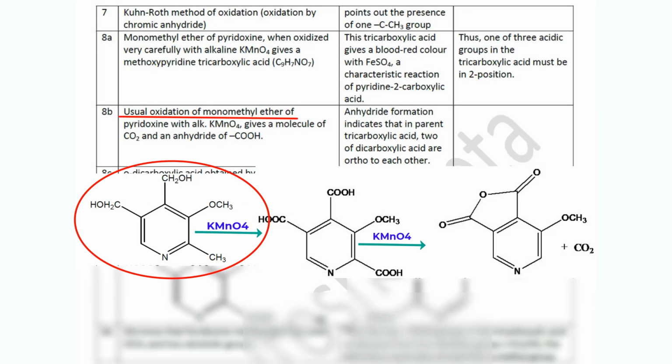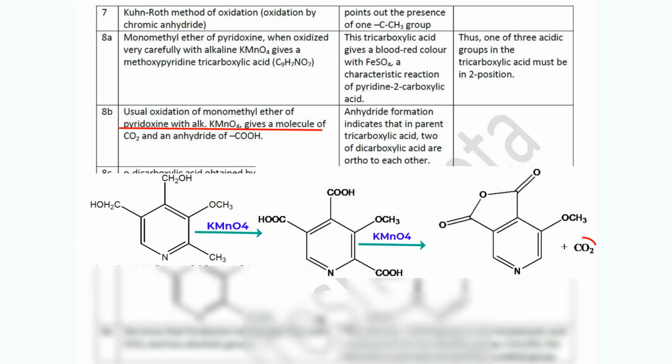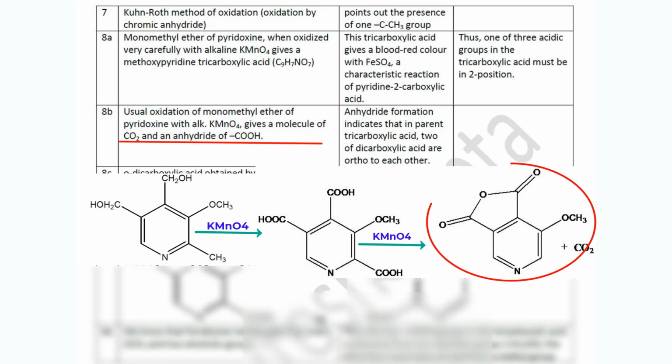Usual oxidation of the monomethyl ether of pyridoxine with alkaline KMnO4 gives a molecule of CO2 and the anhydride of a dicarboxylic acid. Anhydride formation indicates that in the tricarboxylic acid, 2 of the carboxylic acid groups are ortho to each other.